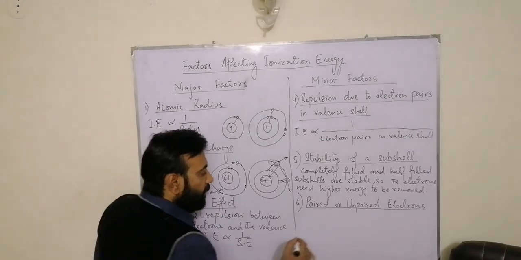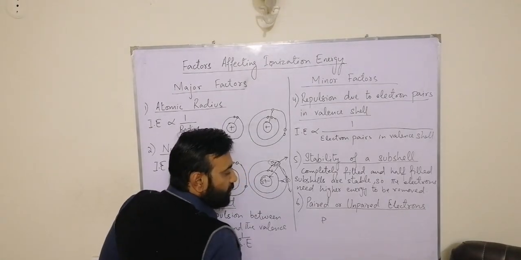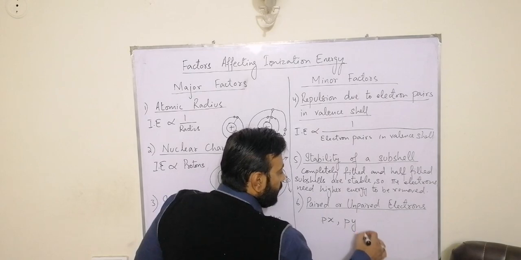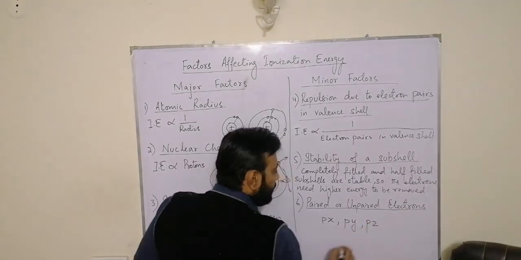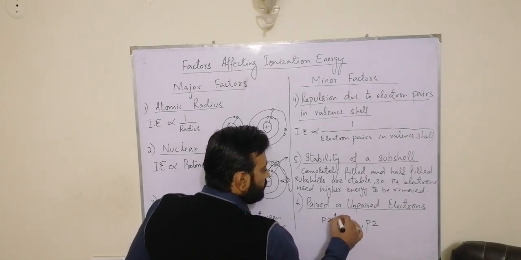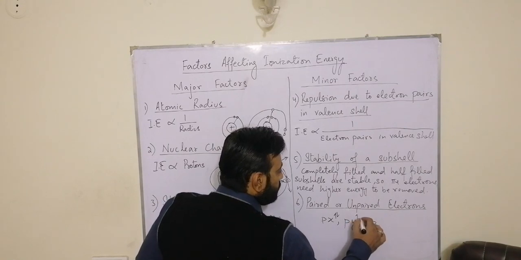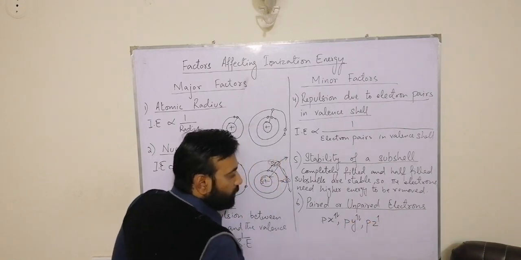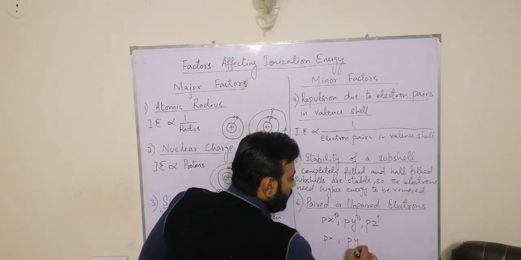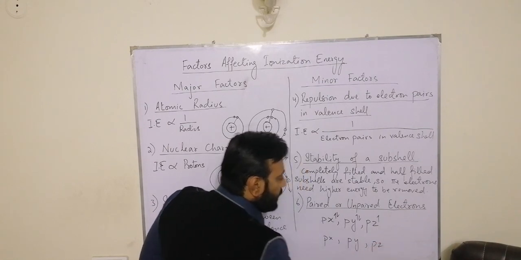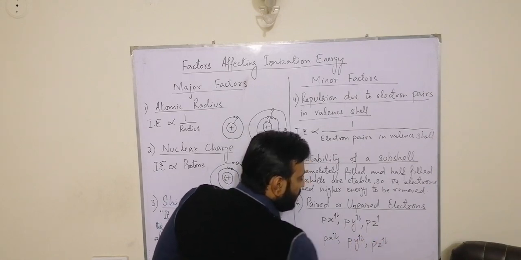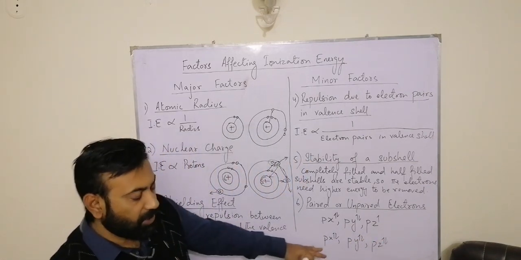For example, if we are talking about the electronic configuration of an element that ends in a p subshell and has five electrons in the p subshell, and we are comparing it to another atom whose outermost subshell is again p, but it has 6 electrons in its outermost p subshell.